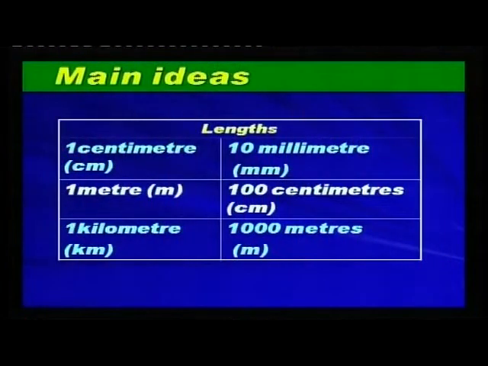Now, what's the next conversion of length? Meter. 1 meter is equal to 100 centimeters. That's the one that we did in our recapping exercise. So every 100 centimeters is equal to 1 meter.